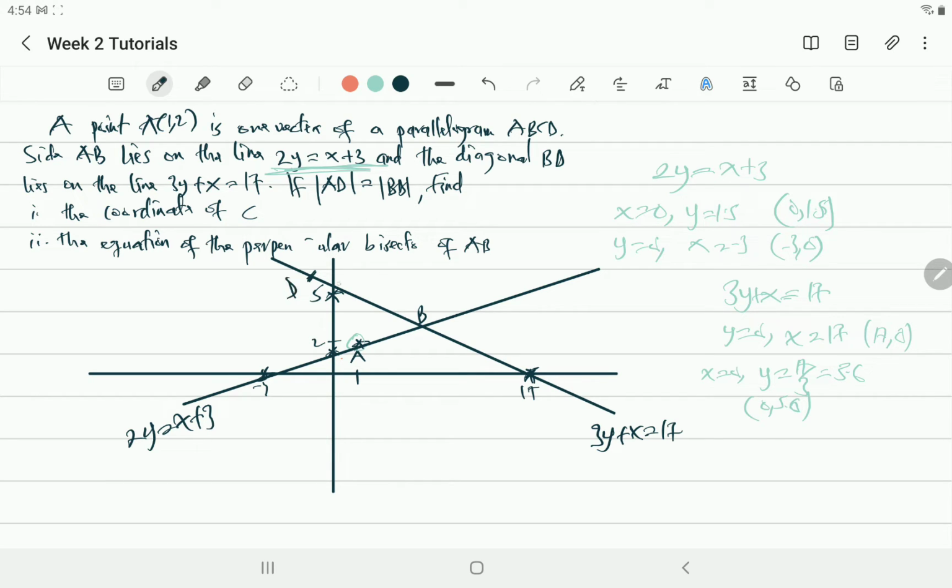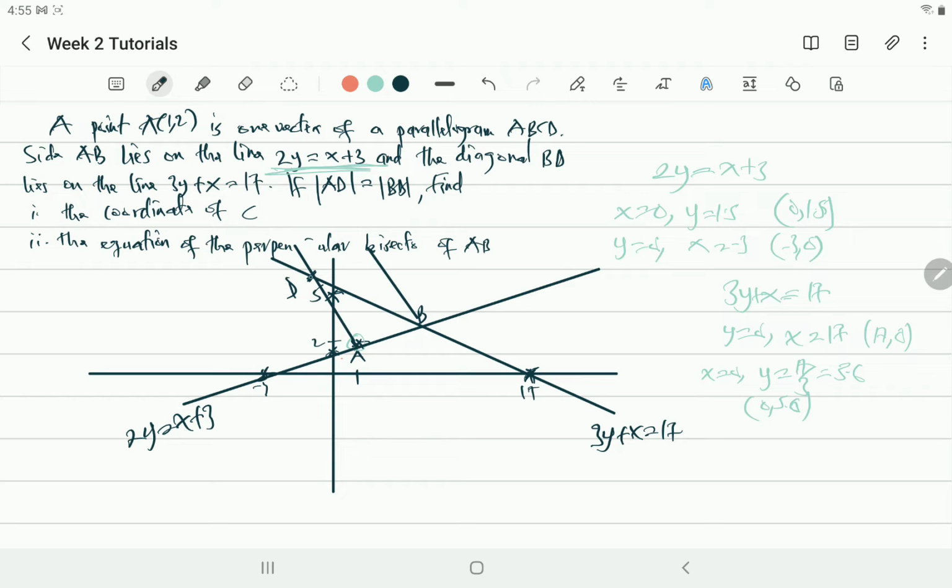So let me call this place D. Then I'm going to join these two lines, D and A. Then I will have to draw another parallel line to join B and C. So let me start from here and draw a straight line, as parallel as possible.